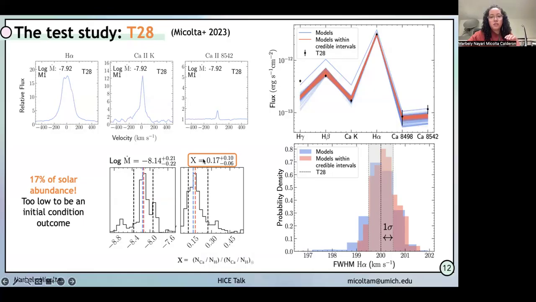We found that to reproduce the line fluxes, we needed 70% of the solar abundance, which is too low to be an initial condition outcome. It couldn't be that they just formed in a different size of cloud or some magnetic field effect. It's too low to be explained by that. So it had to be some kind of process that happened to the dust in the disk that caused this.